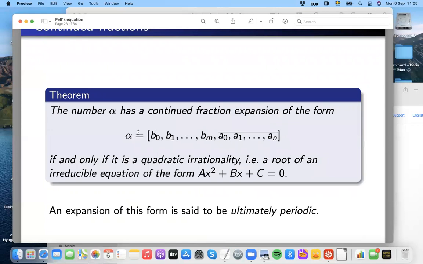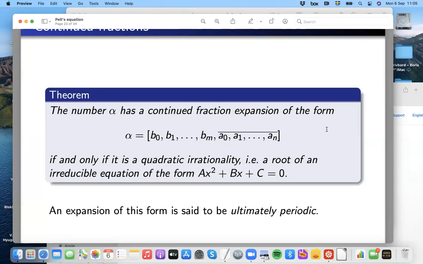If we have some number alpha which has an eventually periodic continued fraction expansion, meaning that there is some non-periodic part, B0, B1, through Bm, and then there is a period A0, A1 through An, which is repeated after that. So this overline means that this fragment will be repeated to infinity.